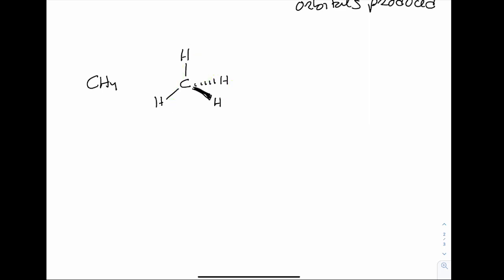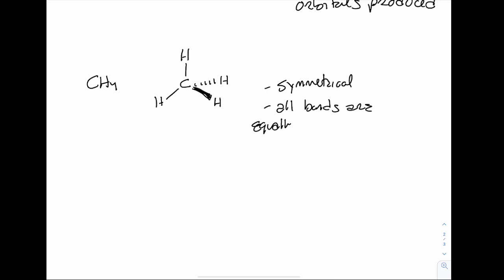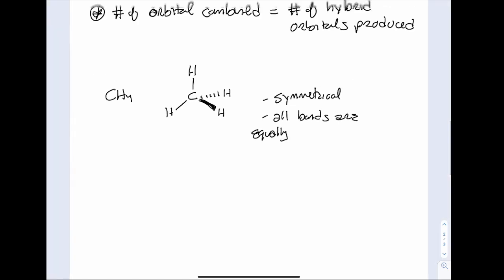I could measure the strength of those bonds, and all of the bonds are equal in strength. There are techniques where you can measure the strength of bonds, and they're all equal. Every single bond is exactly the same as the other bonds. So all bonds are equally strong.